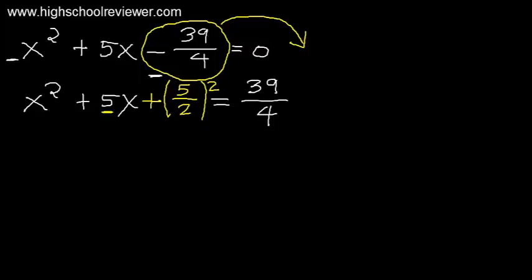Now take note, whatever is added on the left should also be added on the right side. So we will also have here 5 all over 2 raised to the power of 2.